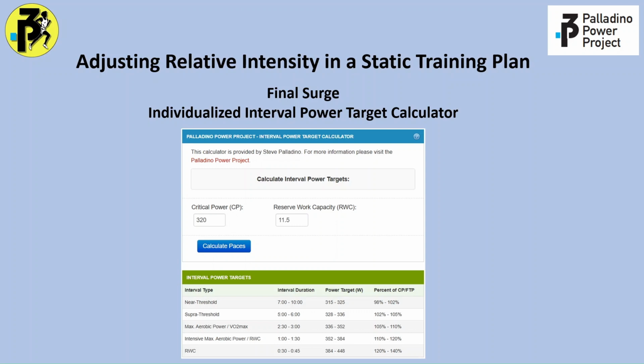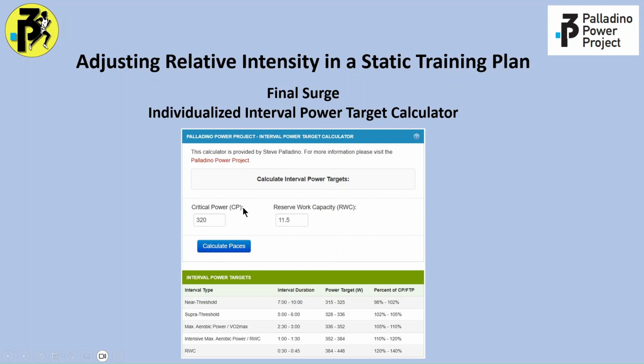However, as you get into higher and higher intensities, the person's individual reserve work capacity plays a role in what's the appropriate target. So I built this to further individualize based on the individual's critical power and reserve work capacity.